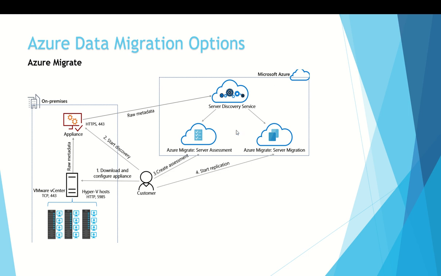Integrated tools like Azure Migrate provide discovery and assessment of on-prem servers running on VMware, Hyper-V or even physical servers, in preparation for migration to Azure. So we will use Azure Migrate.